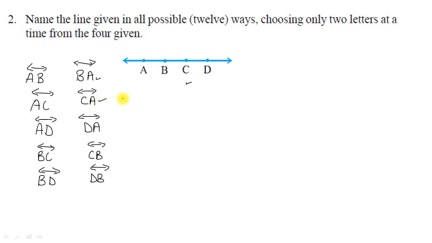CA we have already written, CB we have already written. Now what is left? CD. So we are naming here CD. So CD can be written as DC as well. Now let's see from the D. DA we have mentioned, DB we have mentioned, DC we have mentioned. So these are the 12 possible ways in which you can name the line here.